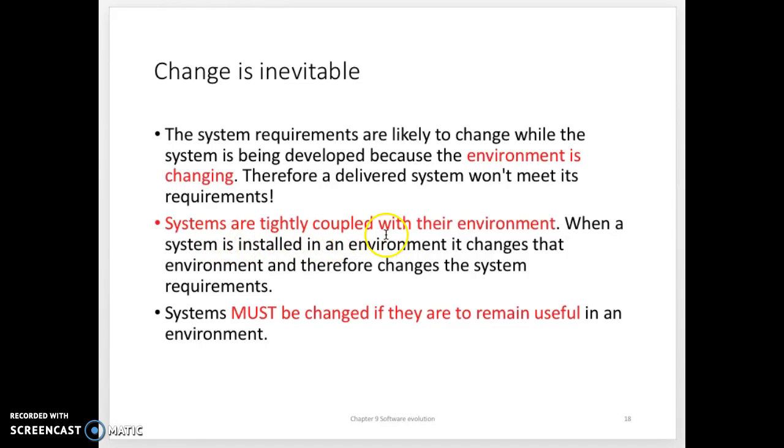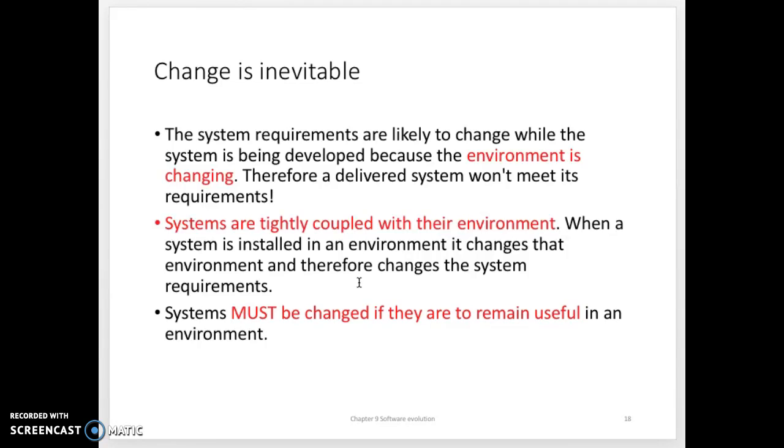Systems are tightly coupled with their environments, and this means they are really attached to the environment. When a system is installed in an environment it changes that environment, and when the environment changes, the system has to change to maintain its relationship with the environment.